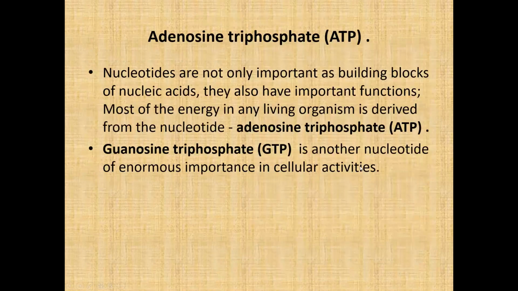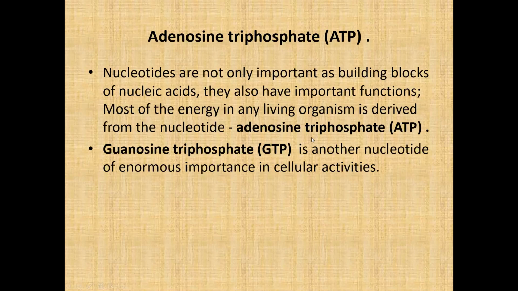A very important representative of nucleotides is the ATP molecule, so-called adenosine triphosphate. They are very important molecules because most of the energy in living organisms is derived from this nucleotide. It belongs to RNA nucleotides because it contains ribose as a sugar.